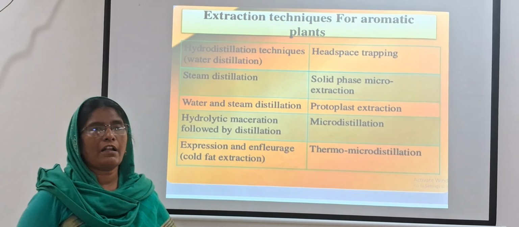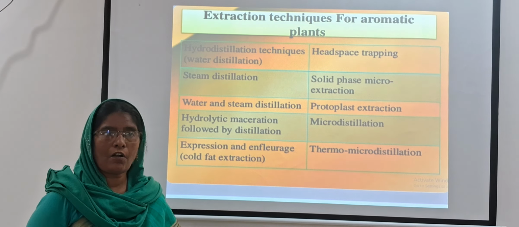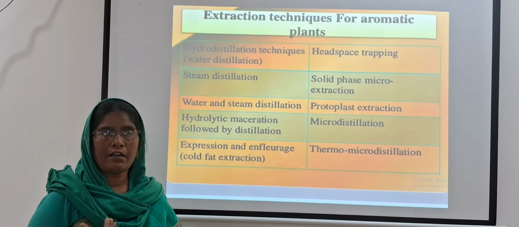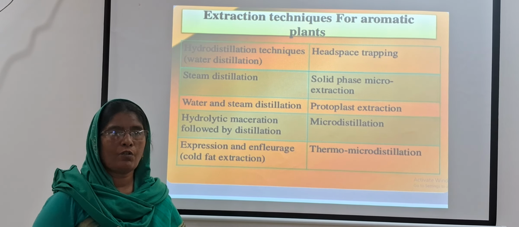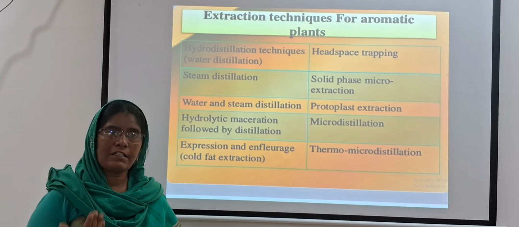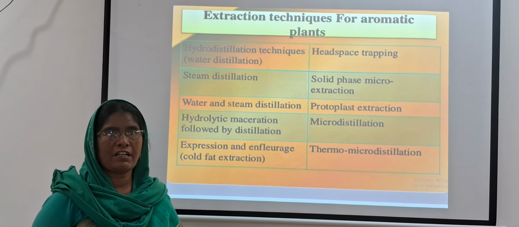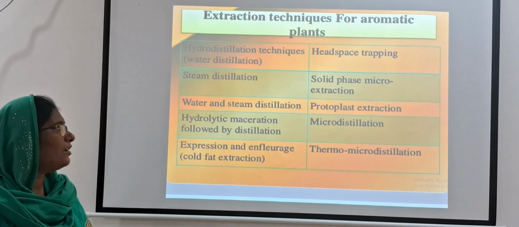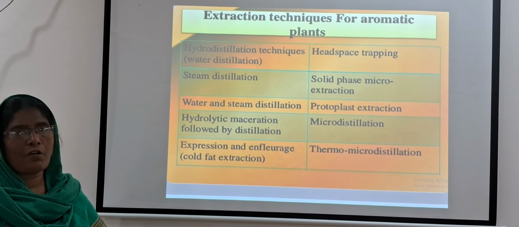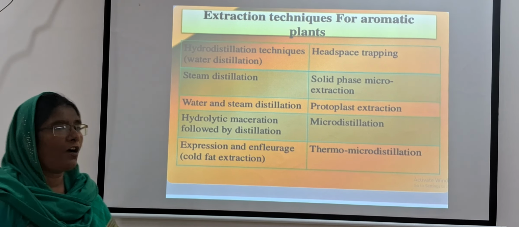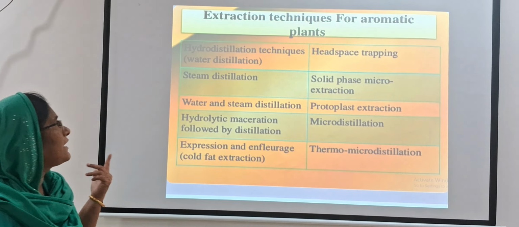For volatile oil, if we are distilling it from the crude drug, we have to go for the distillation process, with various methods: steam distillation, hydro distillation and thermomicro distillation.